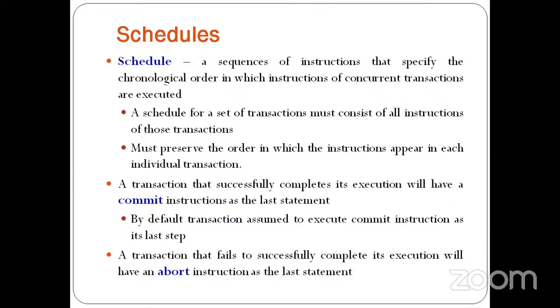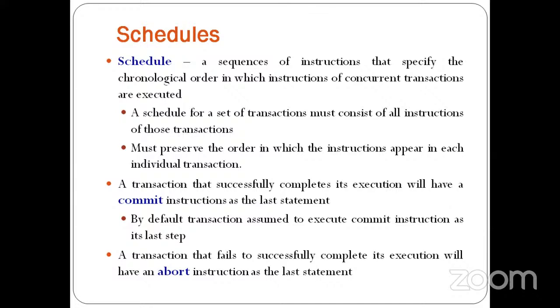So when is a transaction successfully completed? When it is committed. After all the operations, it goes to the partial committed state and then to the committed state. So the last instruction is commit.